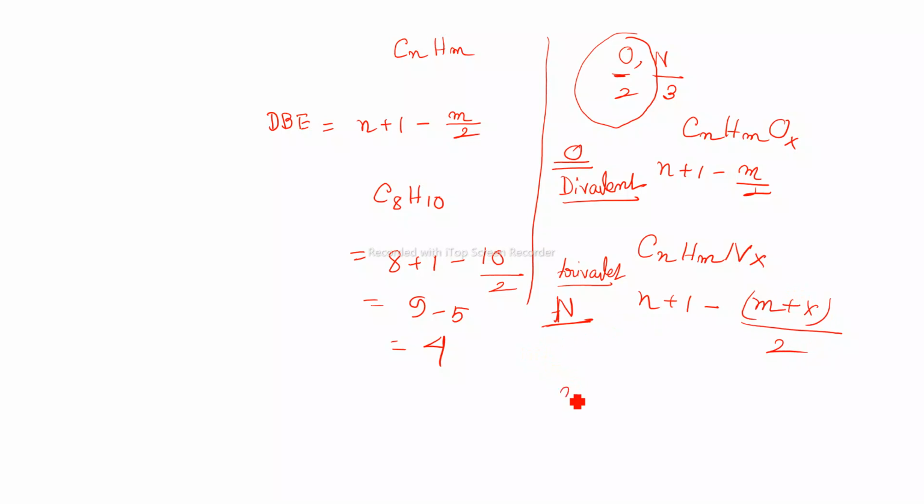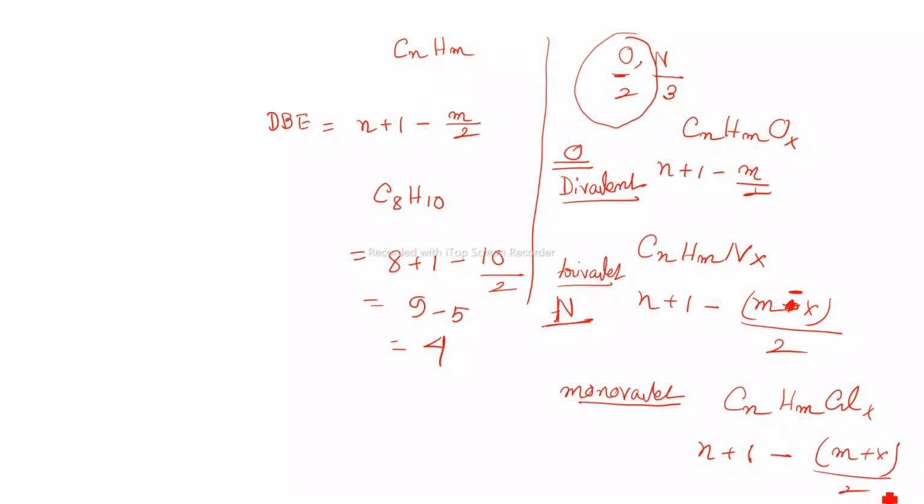And for the monovalent, like chlorine or bromine, let's say CnHmClx, that time n plus 1 minus m by 2, minus x by 2, sorry, here it should be minus, not plus, for the monovalent compound.